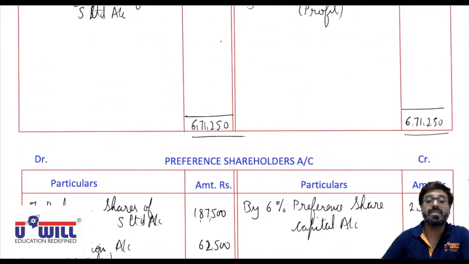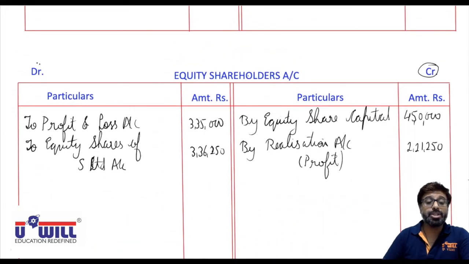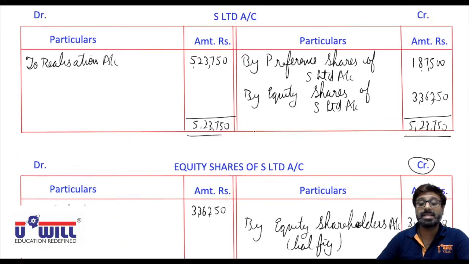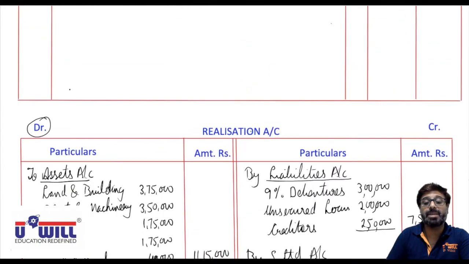Okay, now posting for this last entry, equity shareholders, it's on debit side, so equity shareholders account debit. Equity shares of S Limited, it's on credit side, so to equity shares of S Limited account.